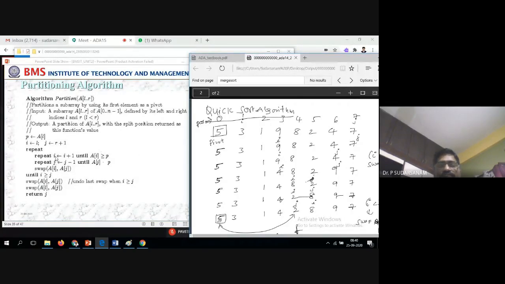Here, i is equal to i plus 1 until A of i is greater than or equal to p. That means 3 is less than 5, true, do it. 1 is less than 5, true, increment it. 9 is less than 5, condition is false, stop it. That's how it stops at this condition. Repeat i is equal to i plus 1 until A of i is greater than or equal to p.